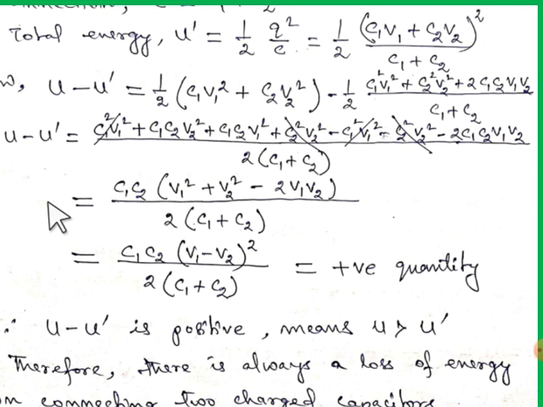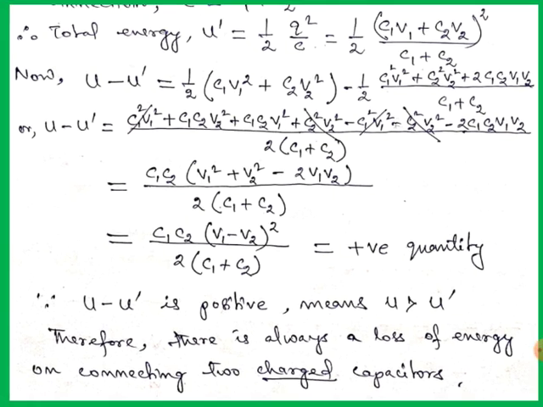The connecting wire has its own resistance, and to overcome that resistance in transferring charge, that much energy has been used up in transferring the charge from one capacitor to the other. So since U is greater than U prime, we can say without any hesitation that there is always a loss of energy on sharing of charges between two charged capacitors.